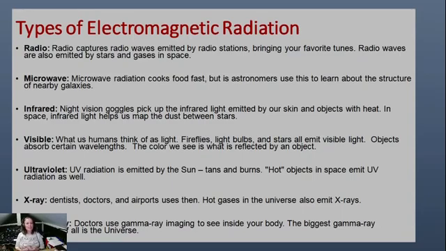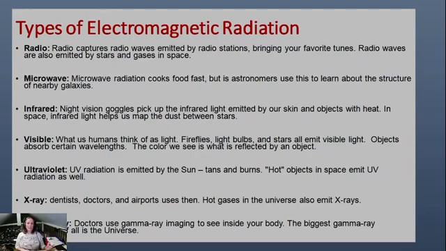Microwaves, we generally think of for cooking food, but they're also useful to learn about the structure of nearby galaxies because microwaves are emitted that way as well. Infrared, we think of those night vision goggles to see what is producing heat, and it's also useful in space for mapping the dust between the stars. So all these things can be picked up from space and then we can analyze what's out in space.